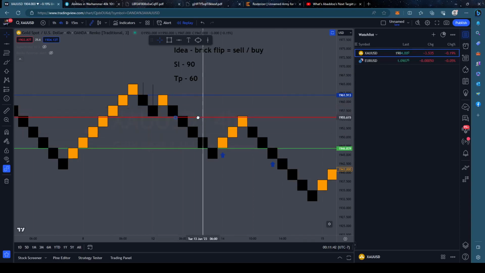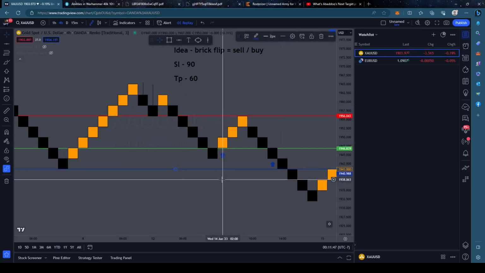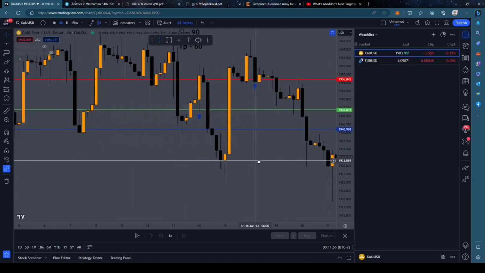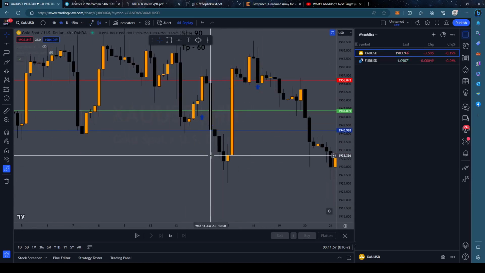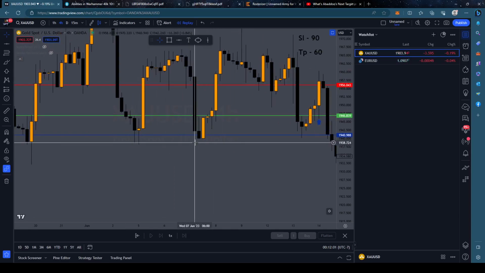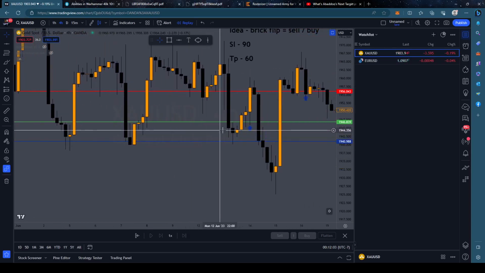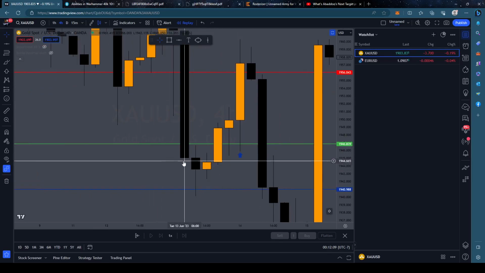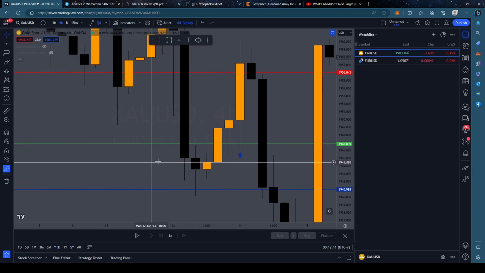And then we're going to do stop loss, TP, and then we go to the location, June 13th at 6 o'clock. Alright, so it's right here, June 13th at 6 o'clock.